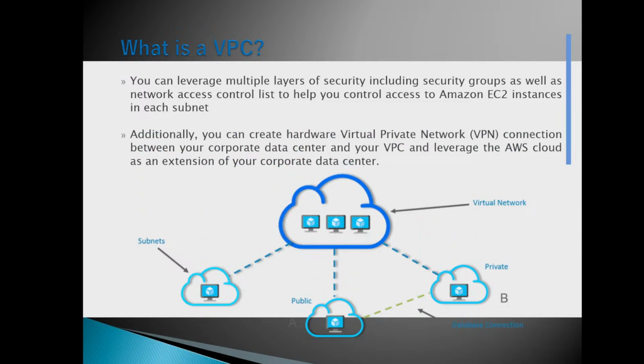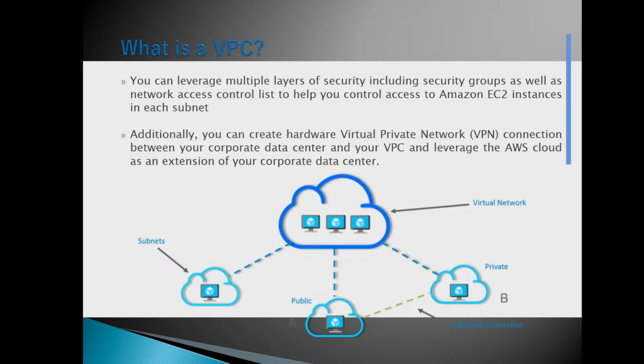Additionally, you can create a hardware virtual private network connection between your corporate data center and your VPC, leveraging the AWS cloud as an extension of your corporate data center. So the second thing is connecting your AWS with your existing on-premise data center. That is one of the important things.